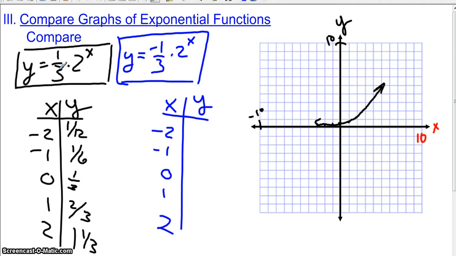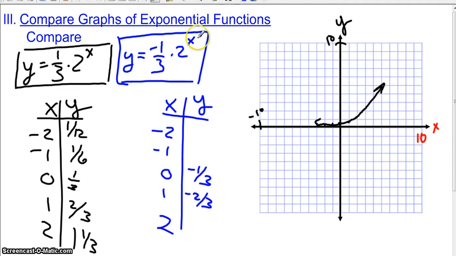Okay? Now, how about this second function? Let's start with 0. When we plug in 0 here, 2 to the 0 is 1, and 1 times -1/3 is -1/3. When we plug in 1 here, 2 to the first is 2, good, and 2 times -1/3 is -2/3. We're simply plugging them in.